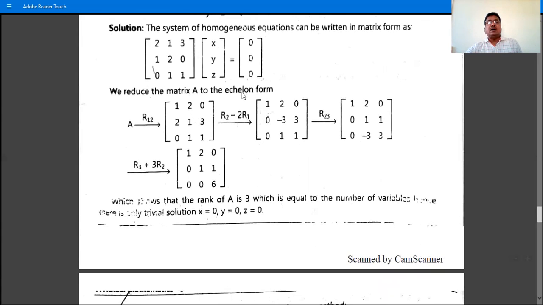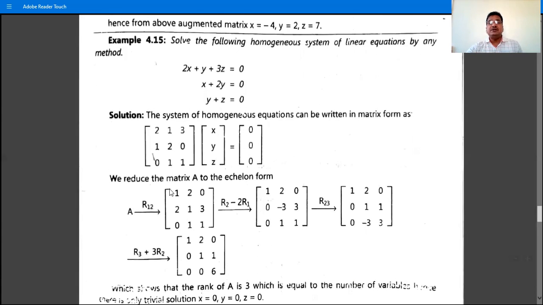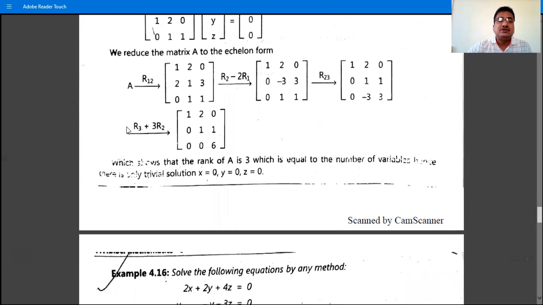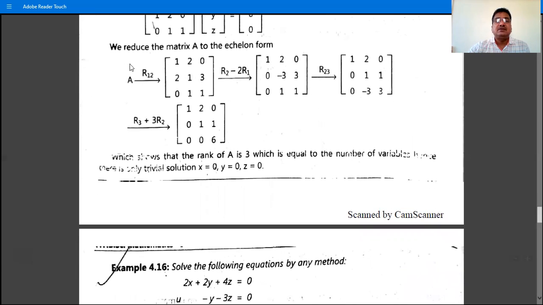So in the homogeneous system, either consider the augmented matrix A0, or consider the coefficient matrix A. A0 is 1 2 0, then 2 1 3, 0 1 1, and the last column is 0 0 0. So consider the augmented matrix A0, or just the coefficient matrix A, and reduce the matrix to echelon form.